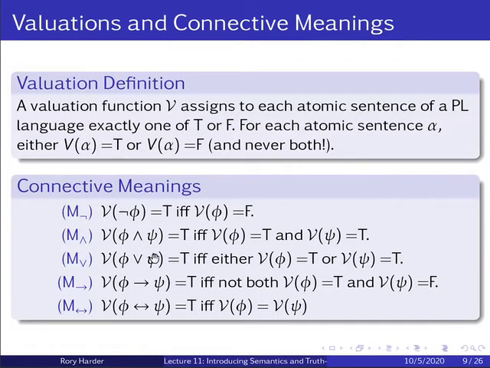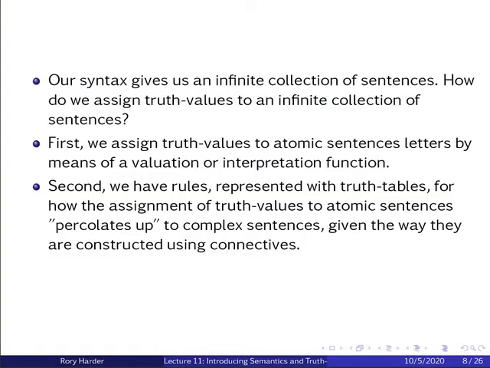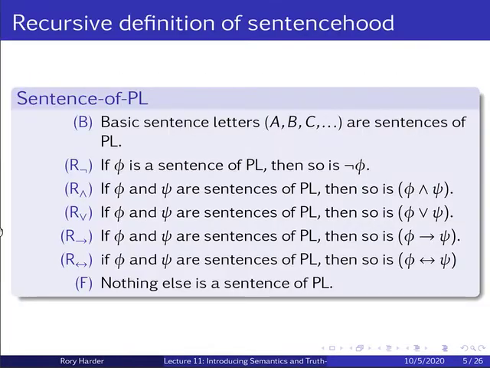But the one thing I want you to notice about what I have here is how it mirrors the syntactic rules. So these syntactic rules, for instance for negation, say: take any sentence whatsoever, say that sentence is phi, and you can put a negation in front of it and construct another sentence, not phi.